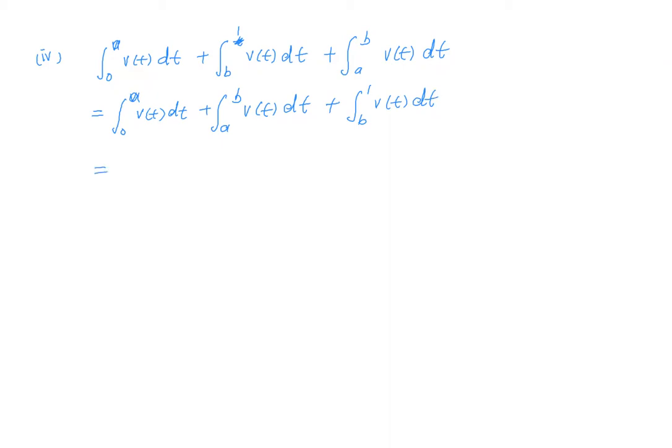So this one, you see, is continuous, correct? It's continuous. From 0 to A, then from A to B, and then from B to 1. So I can write this as the integral from 0 to 1 of v(t) dt. Can I do it like that? Okay, so they say explain why this is equal to this.